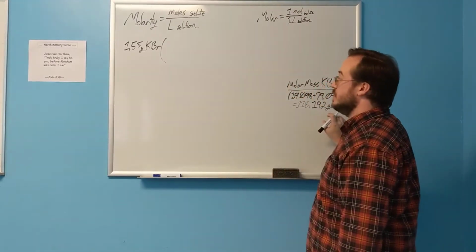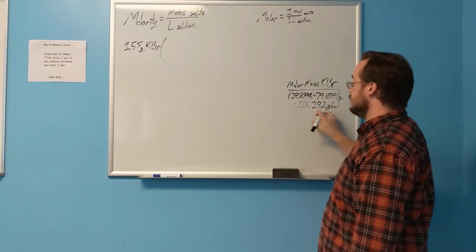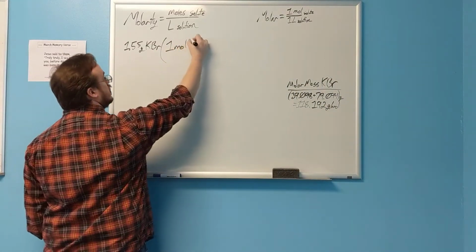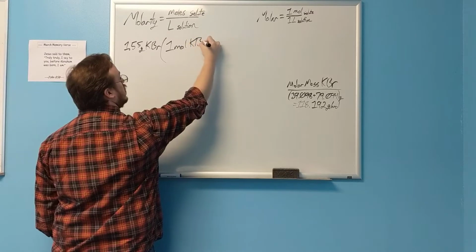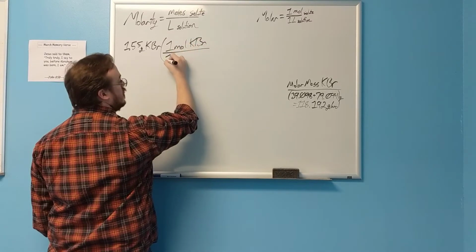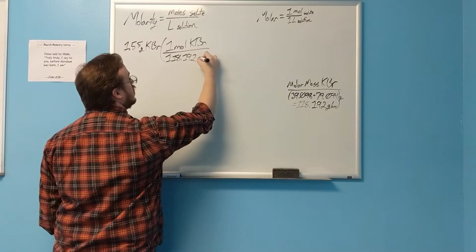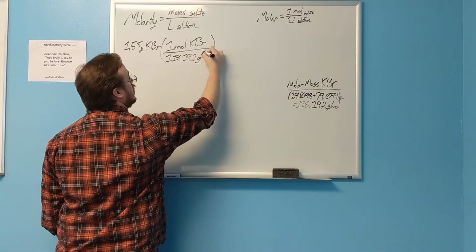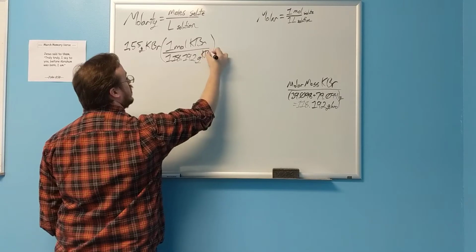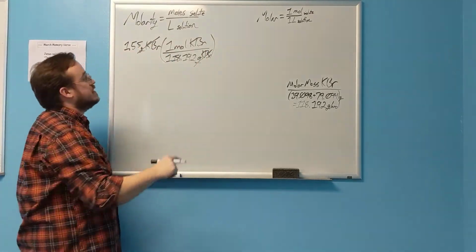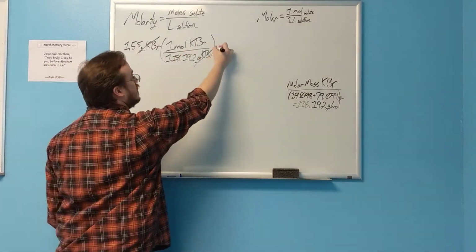So we're going to make it so that grams is on the bottom so it cancels out. So I'm actually flipping this over. So grams potassium bromate cancels, leaving this with moles of potassium bromate.